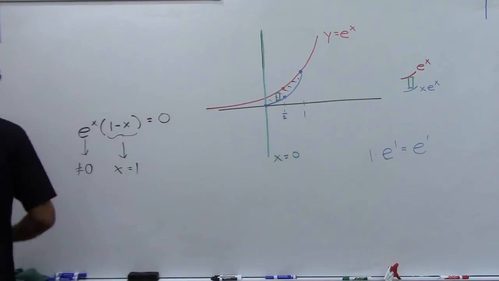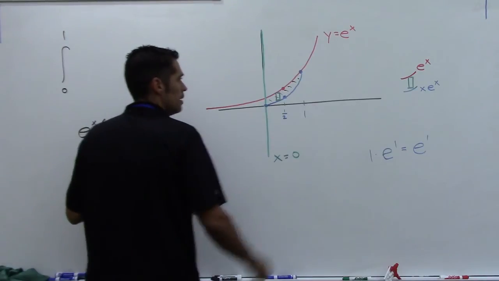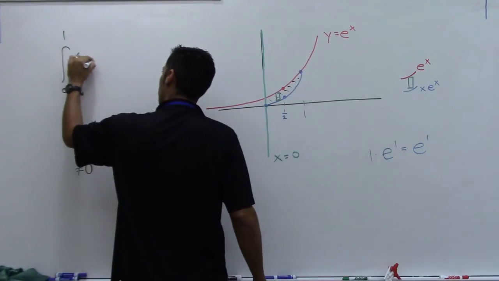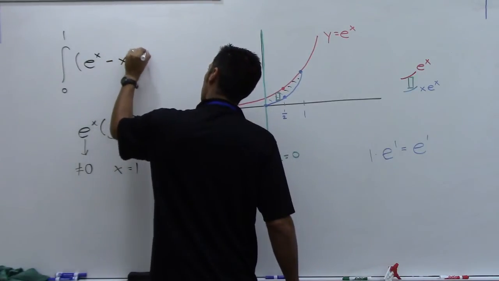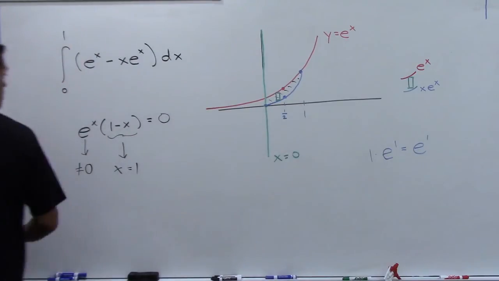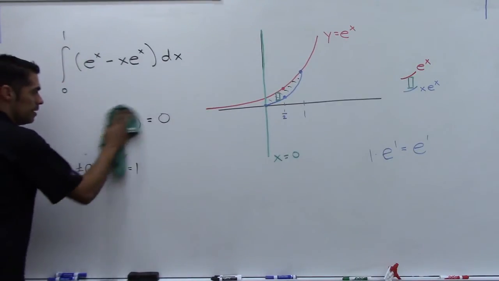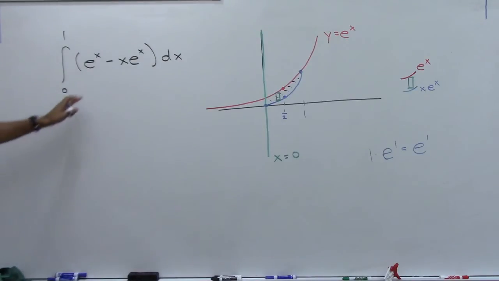All right, my integral goes from 0 to 1. It's the top function, e to the x, minus the bottom function, x e to the x, dx. We now need to integrate this, and we can integrate the first one pretty easily.